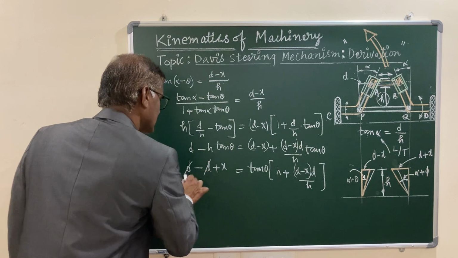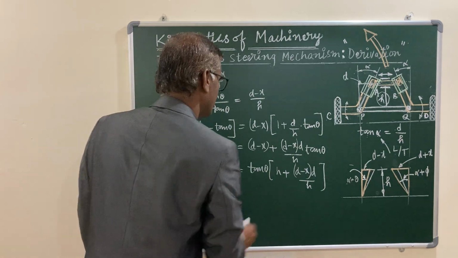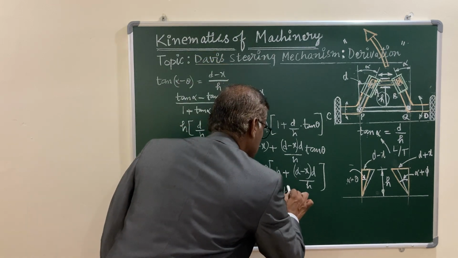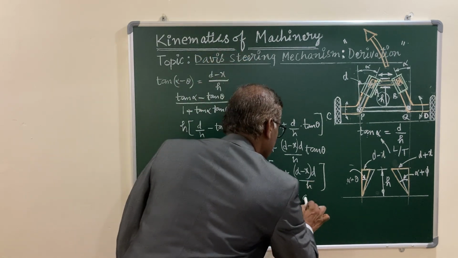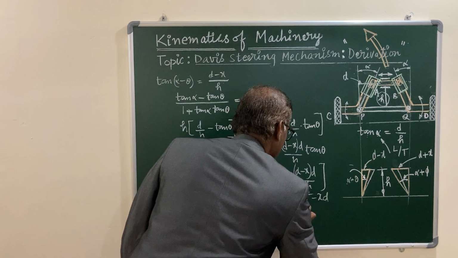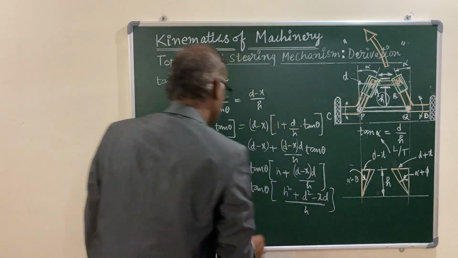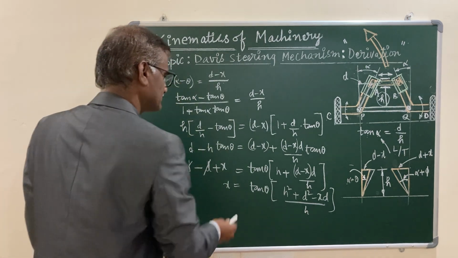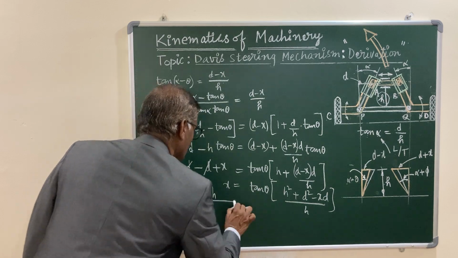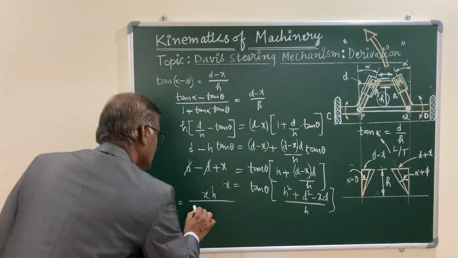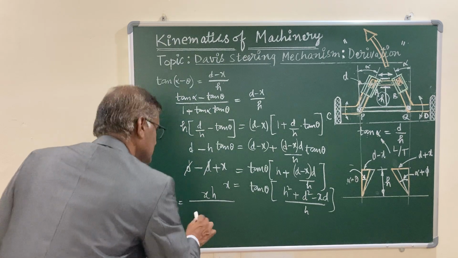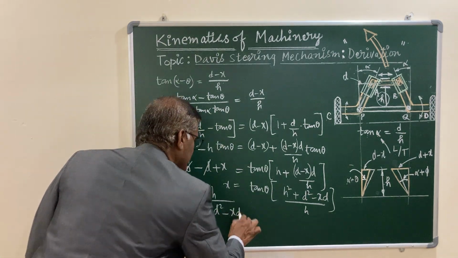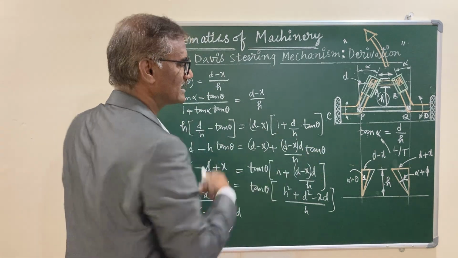So d gets cancelled and x equals tan theta times, if you simplify, (h square plus d square minus xd) divided by h. You can write the expression for tan theta equals xh divided by (h square plus d square minus xd). So this is the left side right angle triangle.